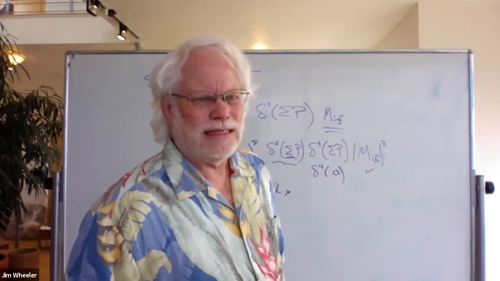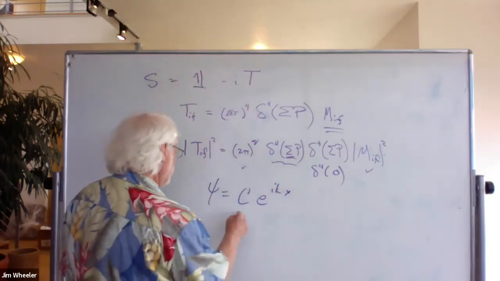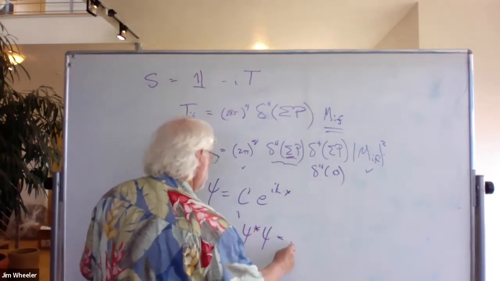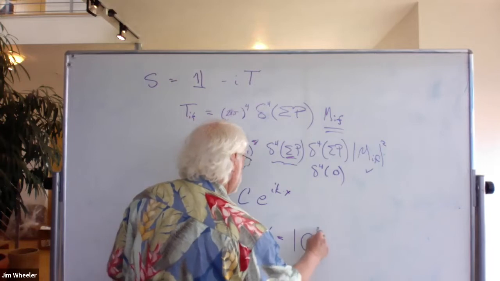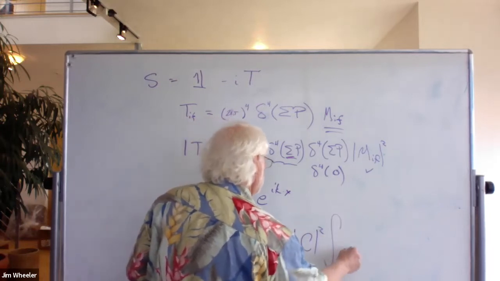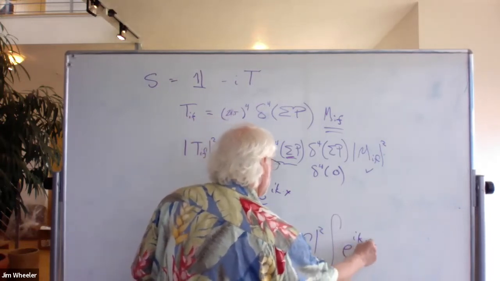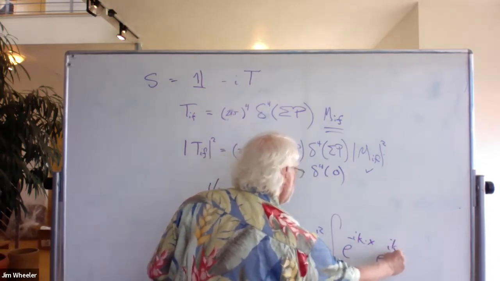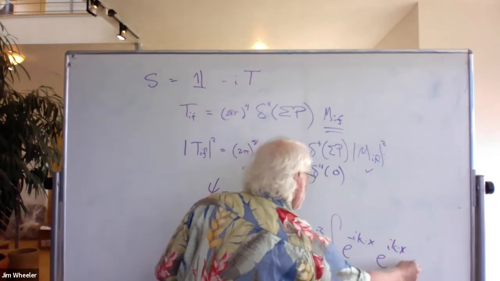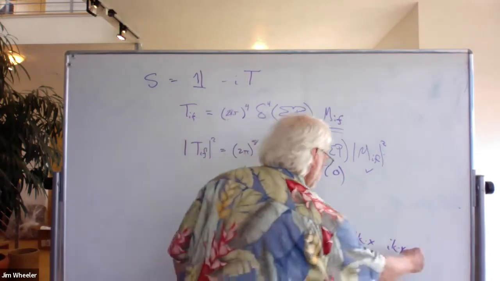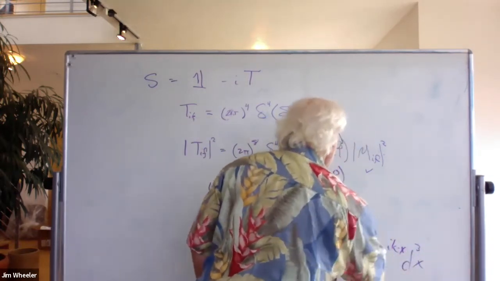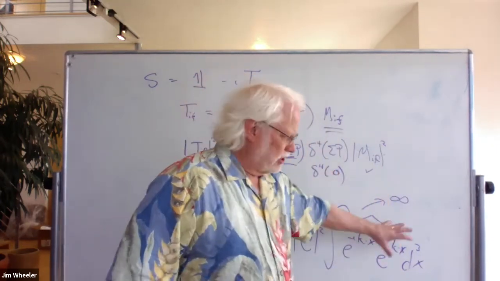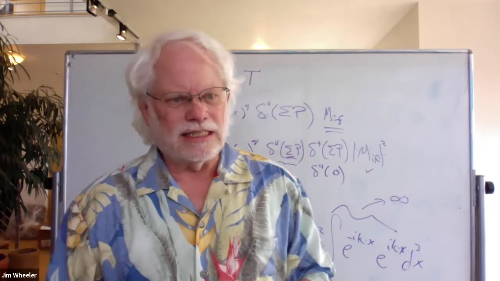Then the normalization of this psi is going to be c squared integral of e to the i k dot x minus e to the i k dot x over all space, and this diverges because that's just one, and we're integrating over all space.